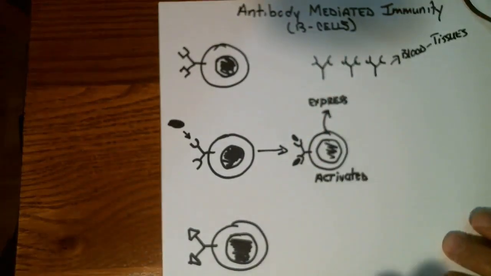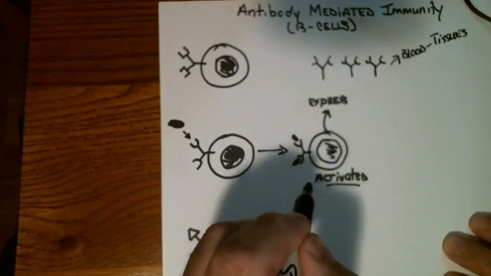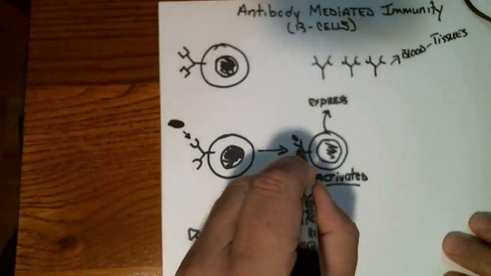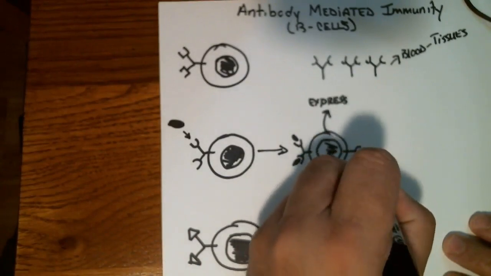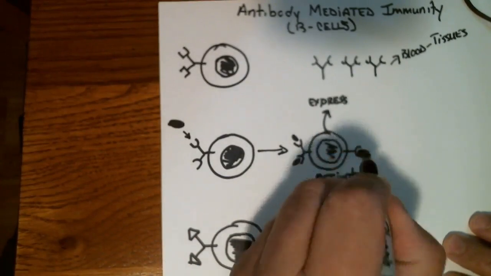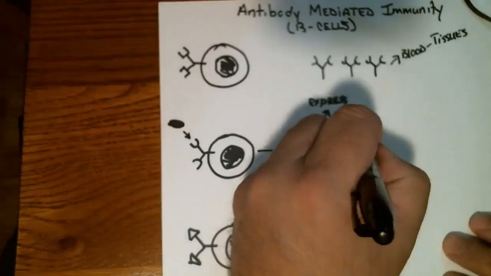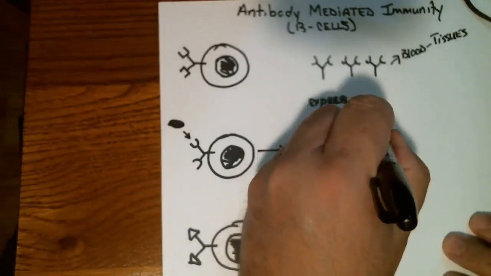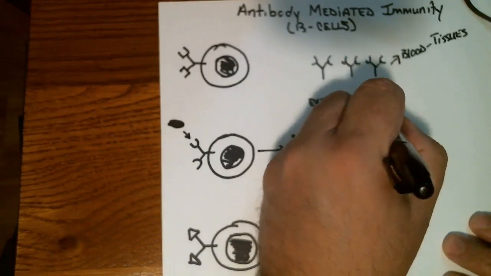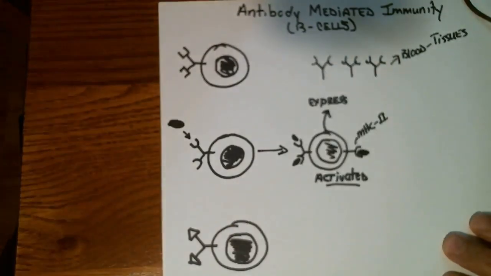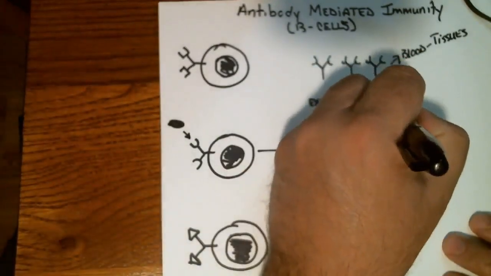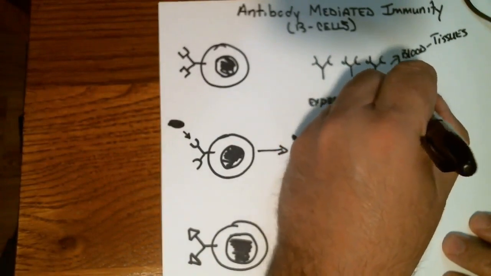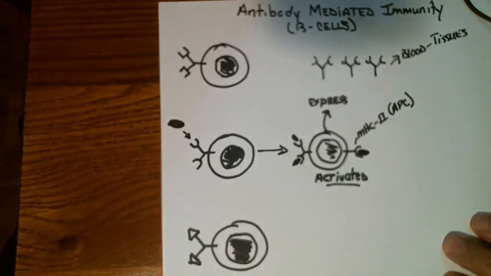Now, in addition, once this B cell is activated, it will also process this antigen, and then it will attach the antigen to a major histocompatibility complex again. This is going to be major histocompatibility complex class 2, and it's going to then become an APC like the macrophage was.